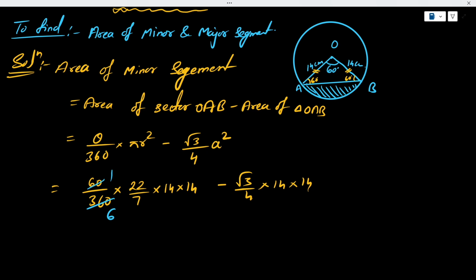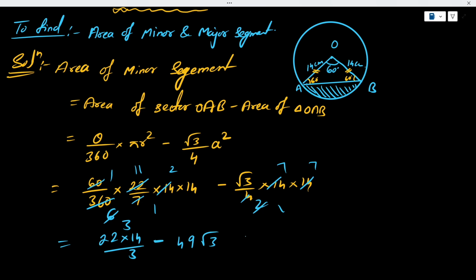So I'll follow the cancellation method. 7 ones are 7, 7 twos are 14, and 14 by 3... I'm just making the values smaller. Then this is 22 times 14 by 3 minus 7 times 7, which is 49 root 3.